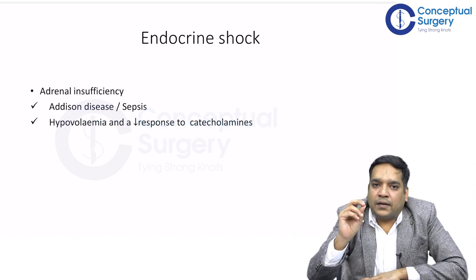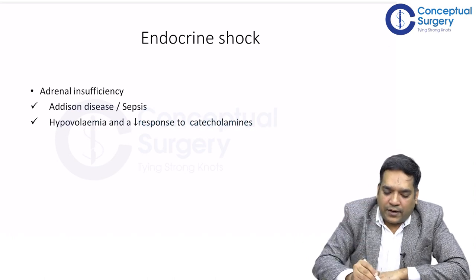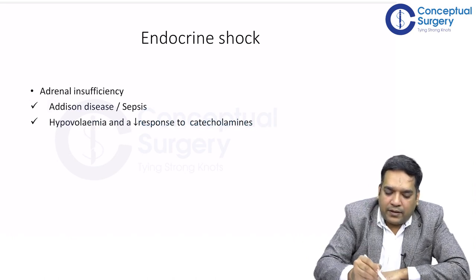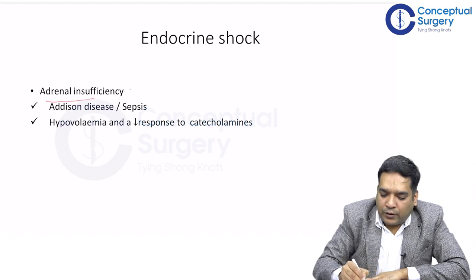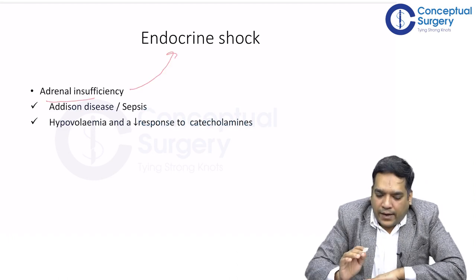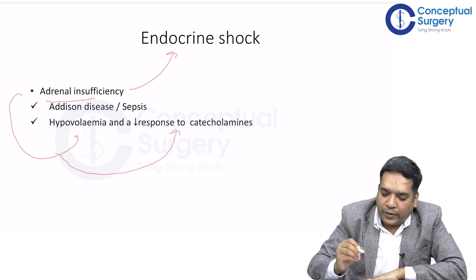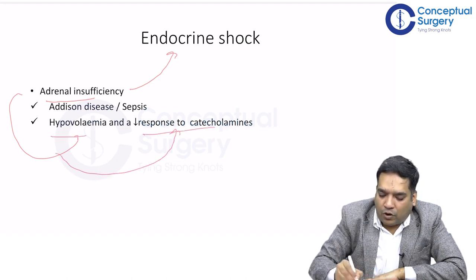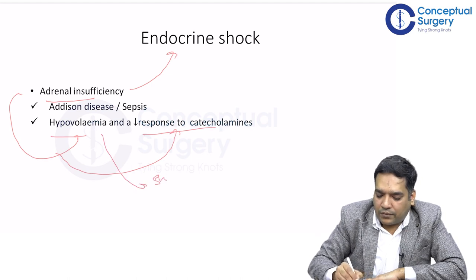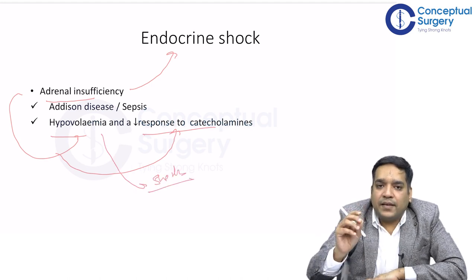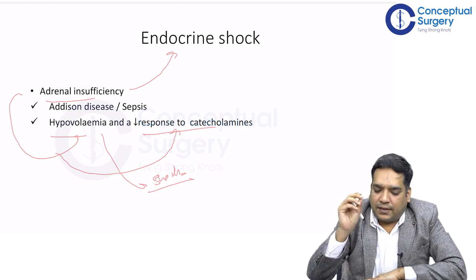There is another component of endocrine shock, that is adrenal insufficiency. Adrenal insufficiency can also cause endocrine shock. How does it cause it? It causes hypovolemia and it also causes decreased response to catecholamines. That is how it causes shock, right? And it is seen in Addison disease and sepsis.